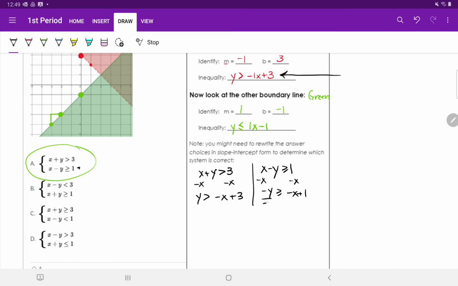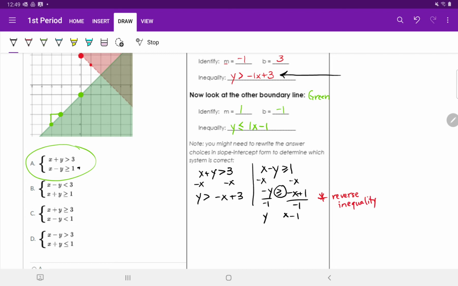And then I still have to get that y completely by itself, so I'm going to divide both sides by -1. So that'll give me a positive y, a positive x, and a -1. Remember, when you divide by a negative, you have to reverse the inequality symbol.